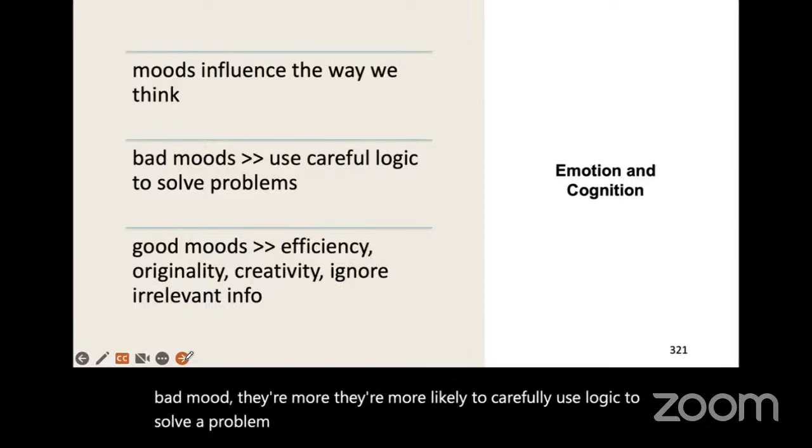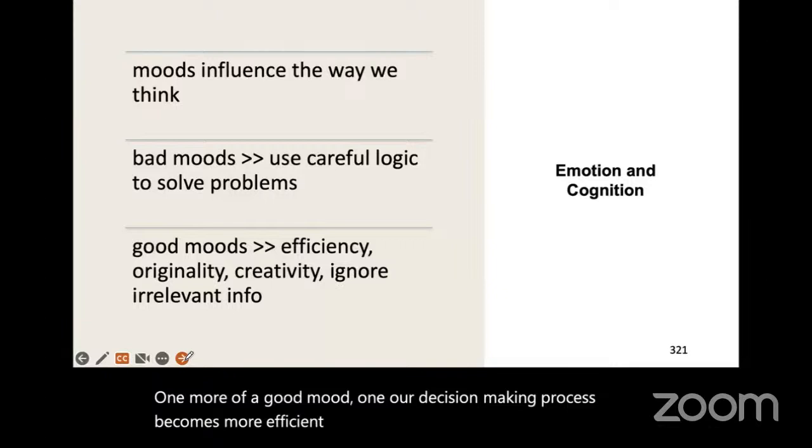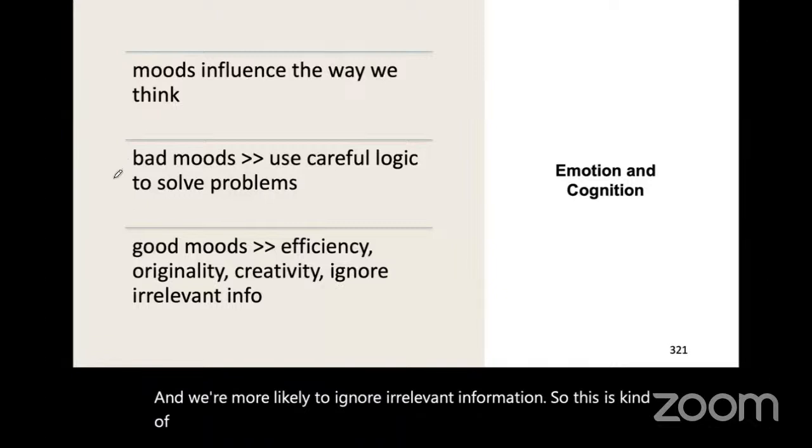So we actually become more rational as our mood is decreased, okay? However, when we're in more of a good mood, one, our decision-making process becomes more efficient, and this is where we get more original and creative thinking, and we're more likely to ignore irrelevant information. So this is kind of the good and the bad of mood.